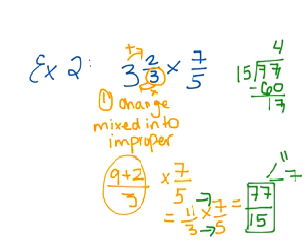So my mixed answer is going to be 4 with, oh no, wait, hang on. I think it goes one more. So let me go ahead and fix that. It actually goes in 5 times, so that's going to give us 75. So let's go ahead and correct that.